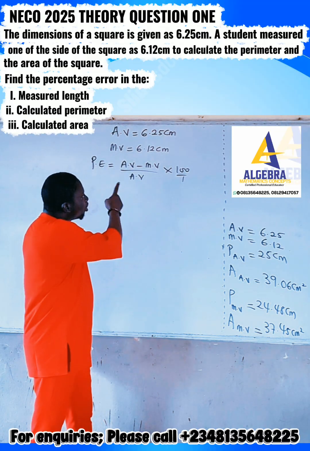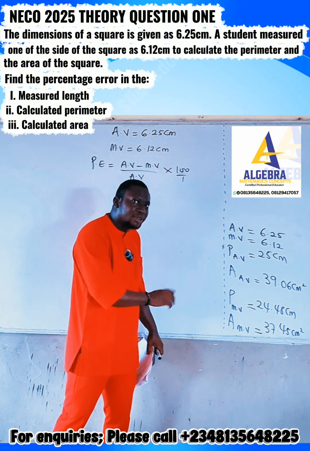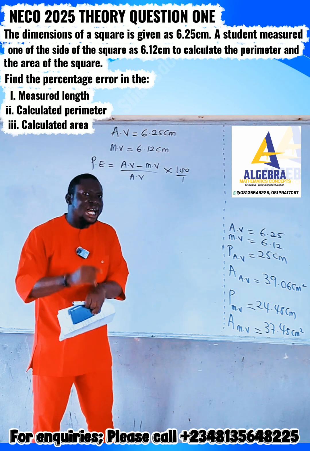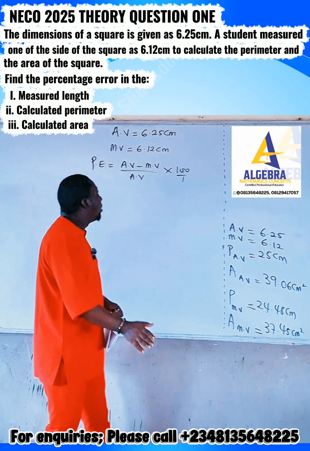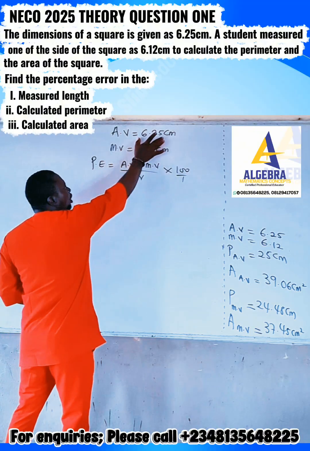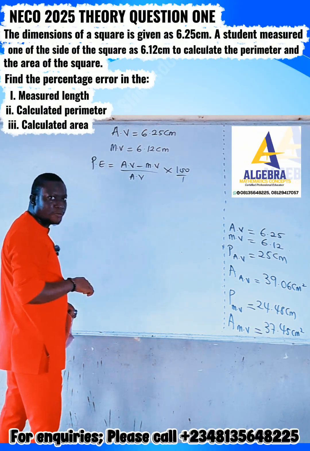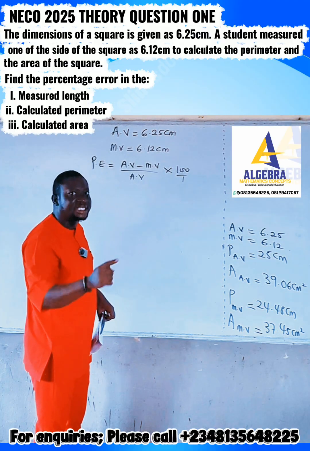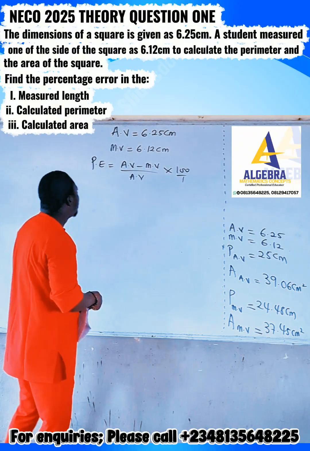So we can as well have percentage error equals measured value minus actual value divided by the actual value times 100 over 1. You use that formula when the measured value is greater than the actual value. But in this case, the actual value is greater than the measured value, so the actual value will come first. Whether the actual value or the measured value comes first, it must be divided by the actual value. Take note of that.